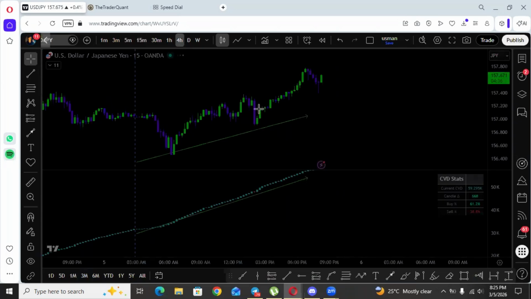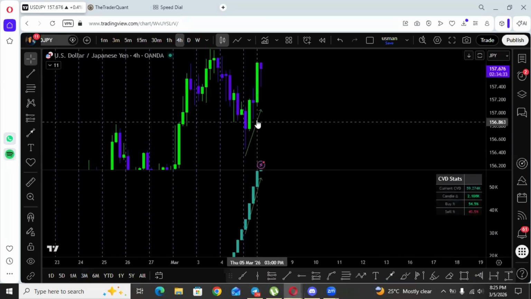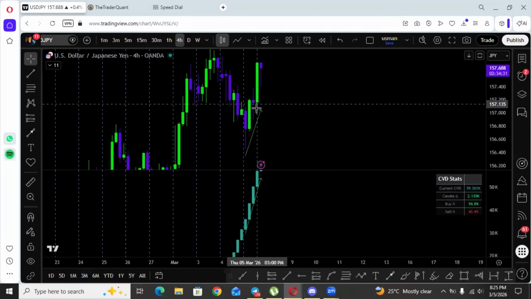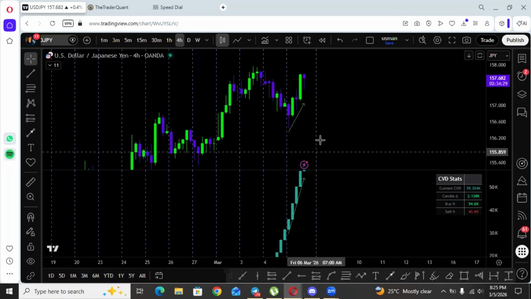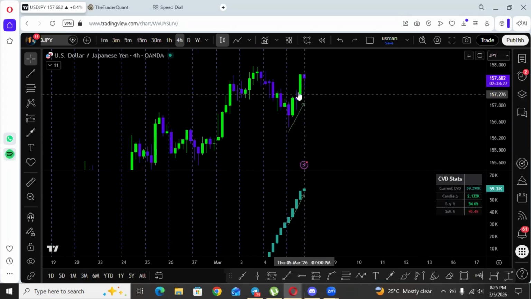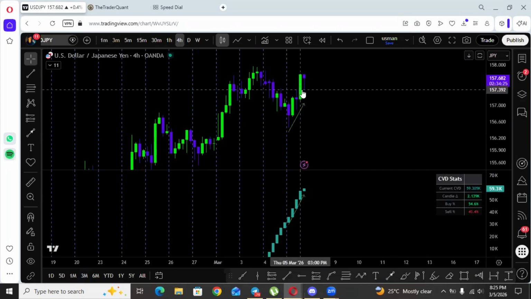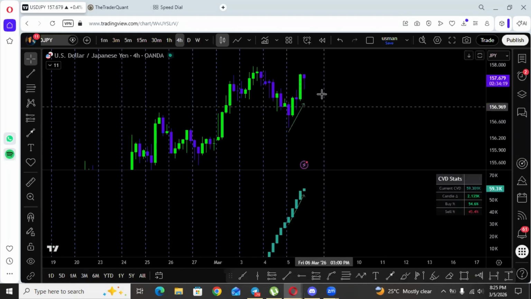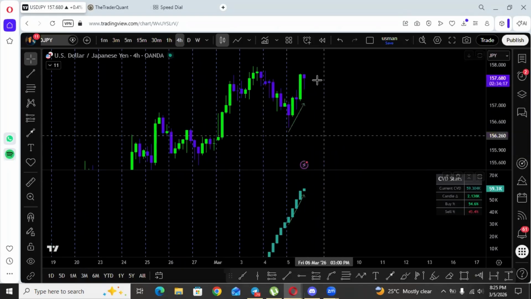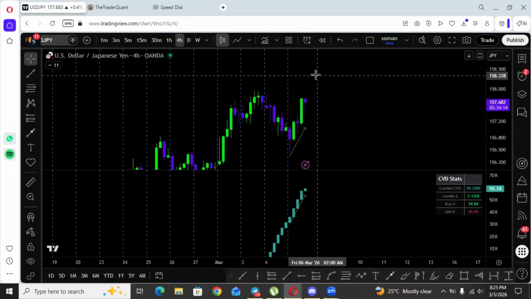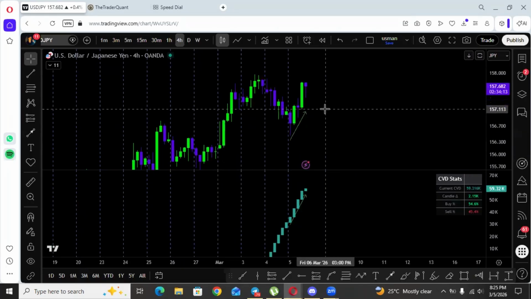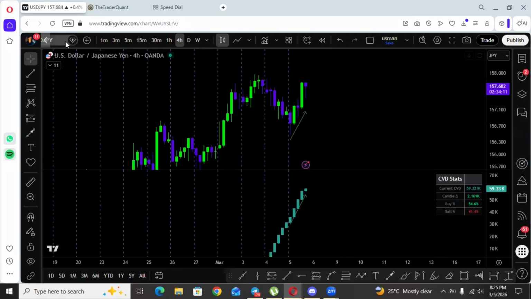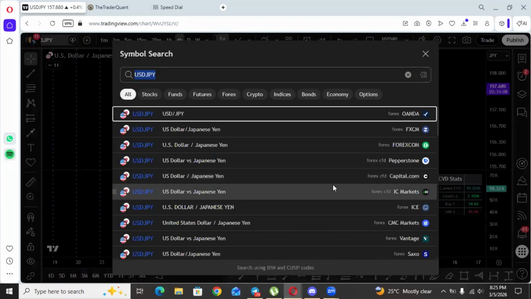Yes, in the fourth candle, that candle was currently opened at this point, and half of the candle the market was at this point, and then after that the market went up. Okay, currently we are expecting it to move further up. So that's it for the day, and let's check MES again.